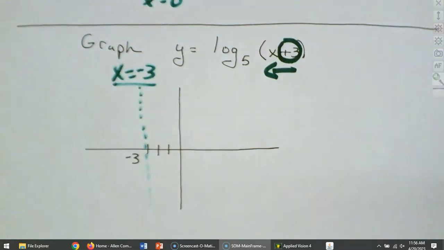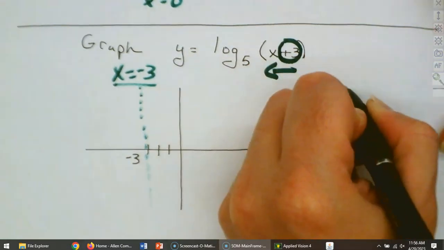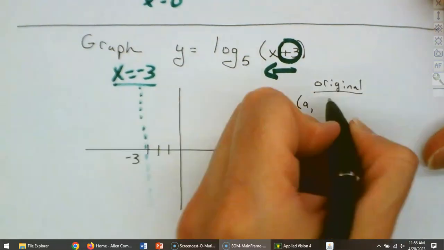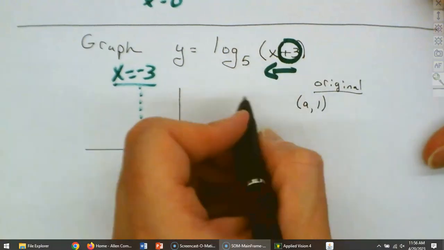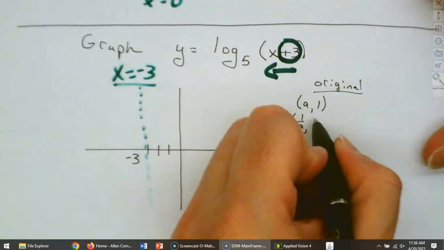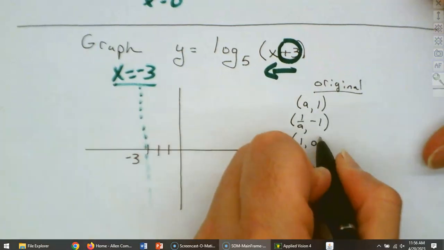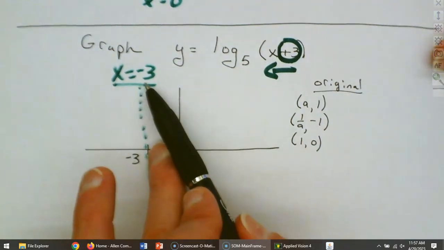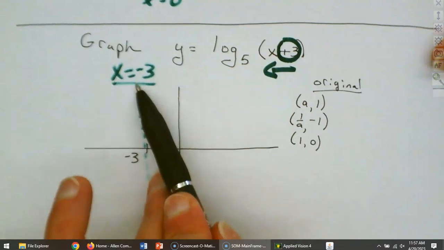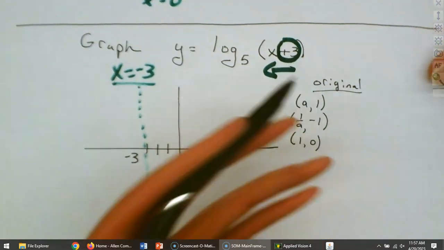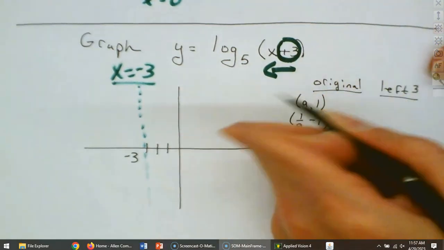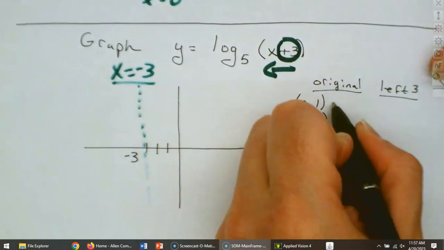That's all it did. Now, what about our points? Our original points are a comma 1. We have 1 over a, comma minus 1. And then we have 1 comma 0. But what are we going to have to do? We're going to have to move this back 3 units. So if I move these back 3 units, what does that do?